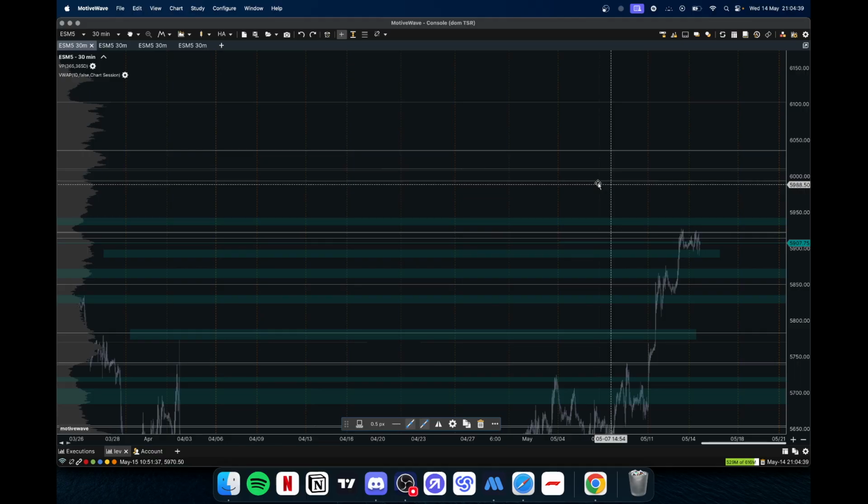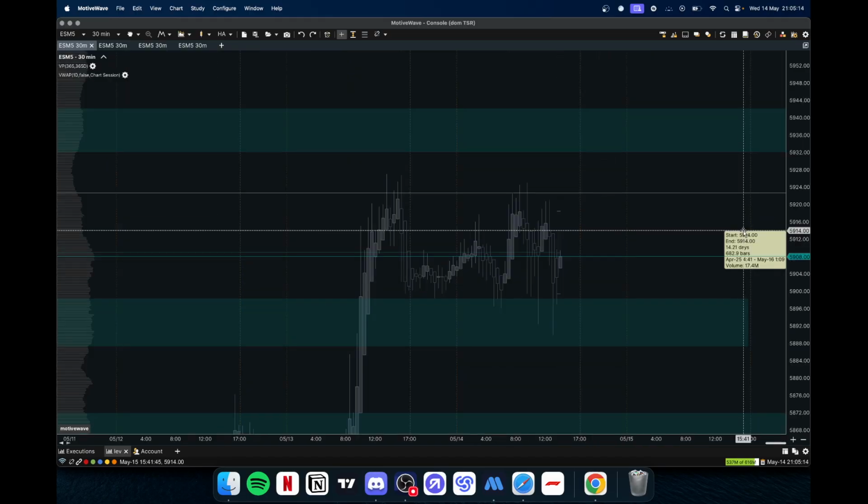I remember that level. Hopefully I can get it on here. Perfect. This says 14, but it's 14.25, right? This level.